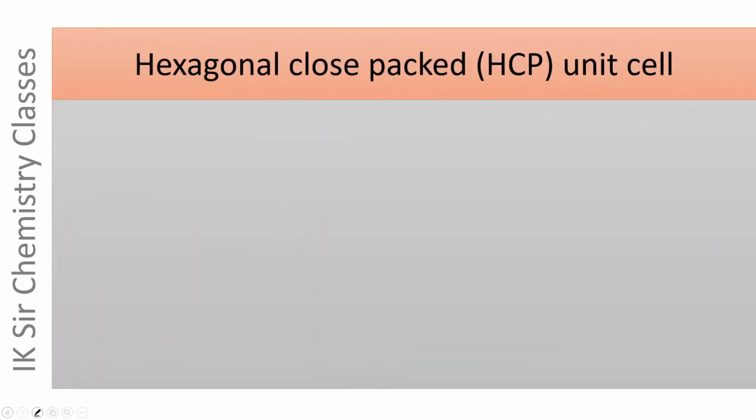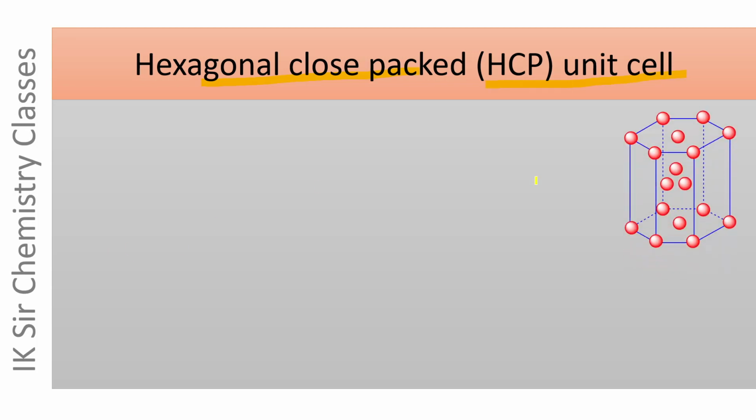And now let us consider the hexagonal close packed HCP unit cell. This is the diagram for the hexagonal close packed unit cell, in which particles are present at the vertices, at the center of hexagonal faces, and in the body center there are 3 particles.